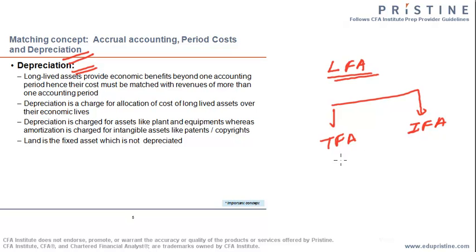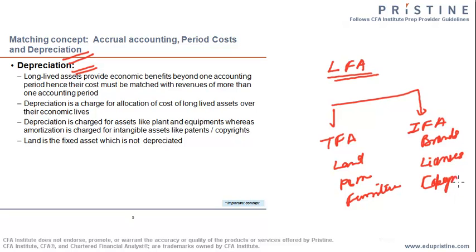Tangible fixed assets examples would be land, plant and machinery, furniture and fixtures, etc. And intangible would be your brands, licenses, copyright, goodwill.